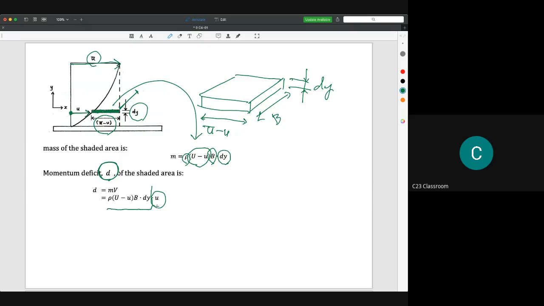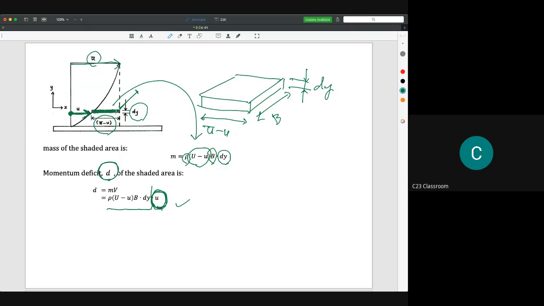This u is not capital U minus u. This u is actually the velocity of that molecule on that level. On this level, we found that the molecule moves with small u velocity, so we use the small u here as the velocity. Please be careful about that, because normally students will take capital U minus u. So this is the equation to calculate the momentum deficit for this small strip.